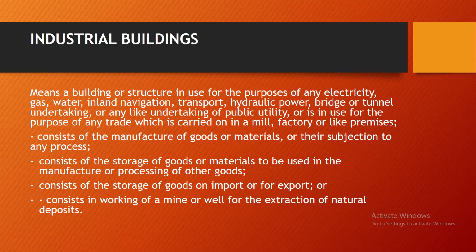Industrial building can be described as a building or a structure in use for the purpose of any electricity, gas, water, inland navigation, transport, hydraulic power, bridge or tunnel undertaking, or anything similar of public utility, or is in use for the purpose of any trade which is carried on in a mill, factory, or like premises.